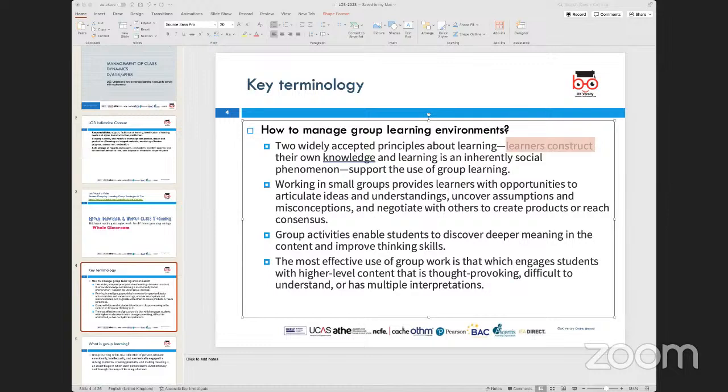And that is something which is widely accepted as one of the key constructs through which you would generally see that learners are able to actively develop their own understanding and knowledge of the things around them when they are put together in groups. Now, the other way we can look at it is that in small groups, learners are given opportunities to articulate ideas and understanding, based on certain assumptions.